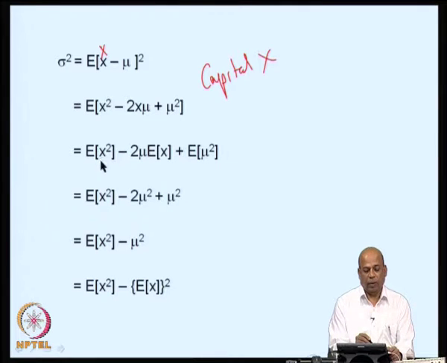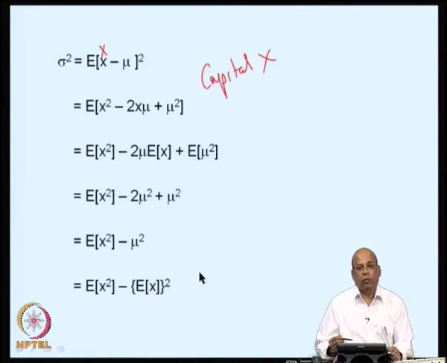So, this will be written as expected value of X square minus 2 mu into expected value of X, which is again mu. So, this will be minus 2 mu square plus mu square. So, this will be equal to expected value of X square minus mu square, which is written as expected value of X square minus expected value of X the whole square. This is a useful result which in many situations we use, in many applications we use this particular expression.